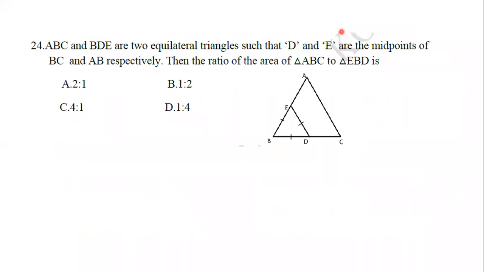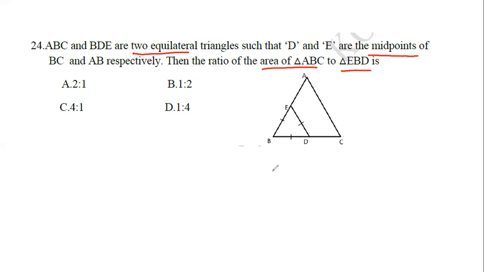The 24th question is: ABC and EBD are equilateral triangles, such that D and E are midpoints of BC and AB respectively. Then find the ratio of the area of triangle ABC to triangle EBD.